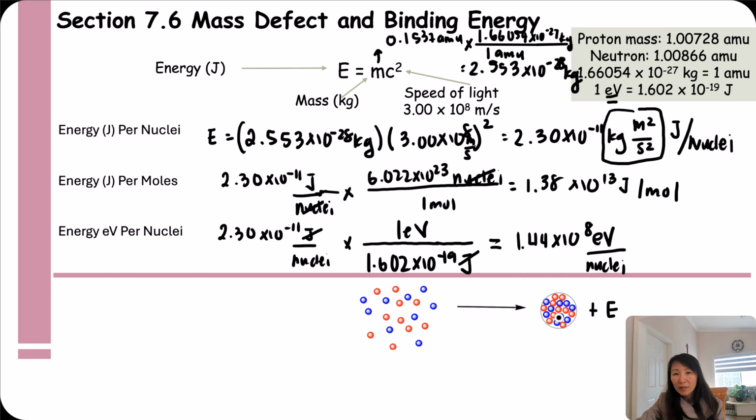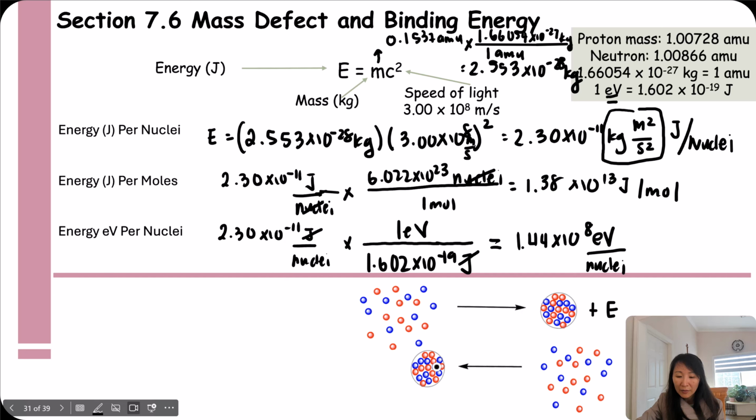But we can think of it in another way as well. We can go in the other direction, so I'm going to draw the arrow going in this direction now. If the nucleus got all dispersed, we would need to require some energy in order to disperse it apart.